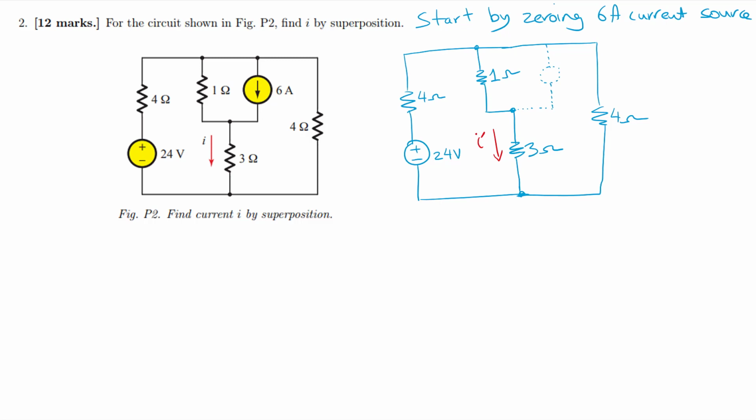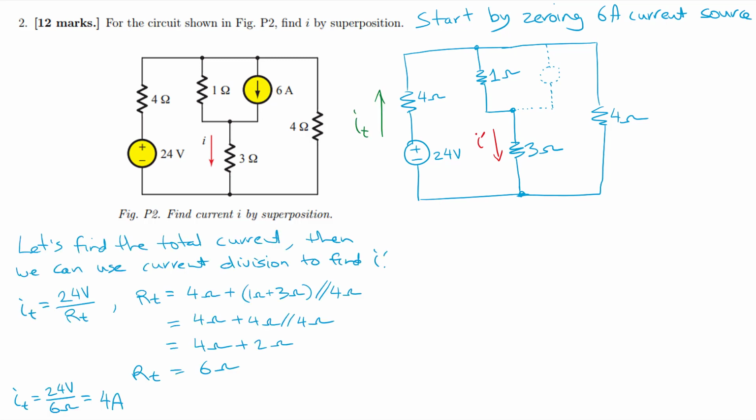What we can do is recognize that if we can find the total current flowing in this branch, around this way, then we can use a current divider to find I prime. To find the total current, we'll need to find the total resistance of the circuit, because we know that there's a 12 volt voltage source.